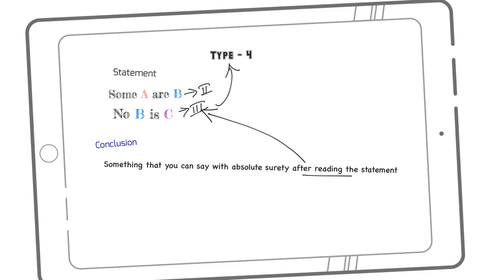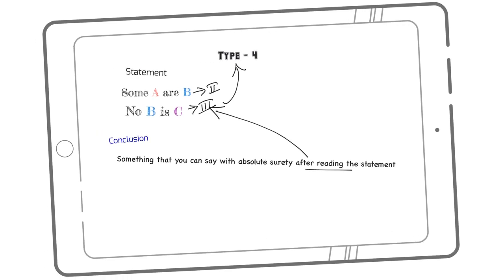As we enter the problems, we saw two statements, two conclusions, three statements, three conclusions, four statements, four conclusions, and that's when remembering the type makes your job easier. So remember: type 2 and type 3 are combined to form my type 4.